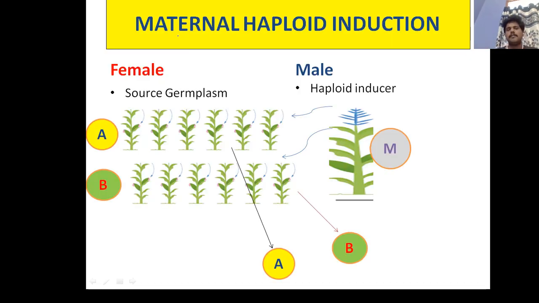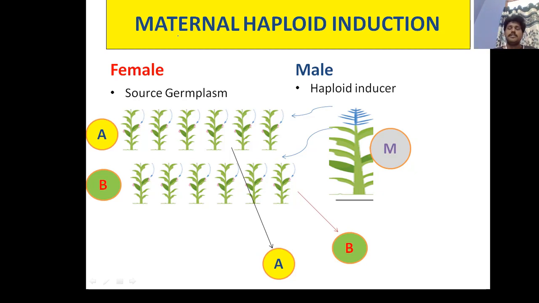Then coming to maternal haploid induction, here the source germplasm is used as a female, and the haploid inducer is used as a male. The most important advantage is that, as I have told, the female cytoplasm is always inherited by the progeny. So the nuclear genes are inherited from the female, as well as the cytoplasm, but these progeny are haploid lines.